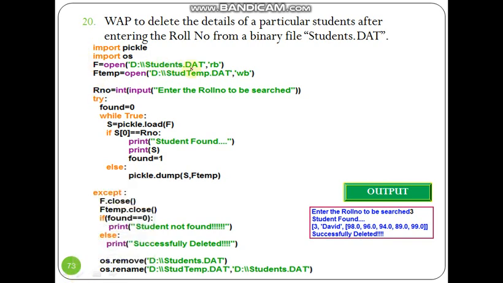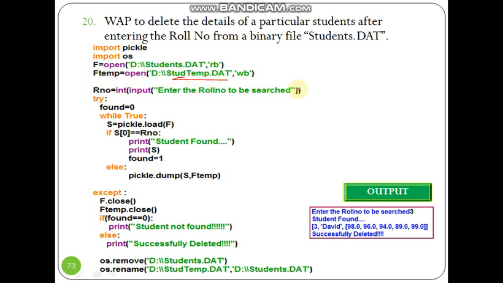Then we need a temporary file also in this case. So one file is opened for the read purpose and the other for the write purpose. Two files: f is the file pointer for student.dat, and ftemp is the file pointer for the temporary file.